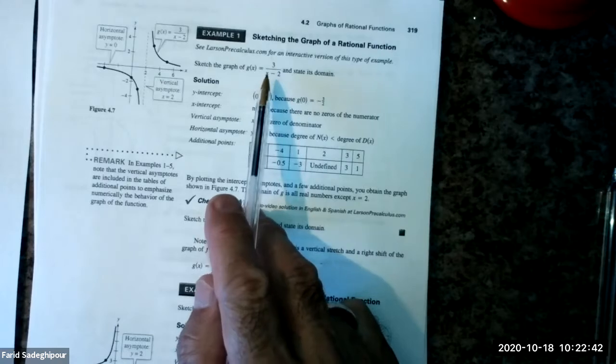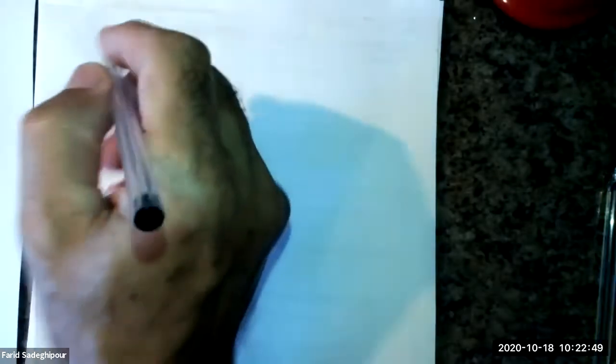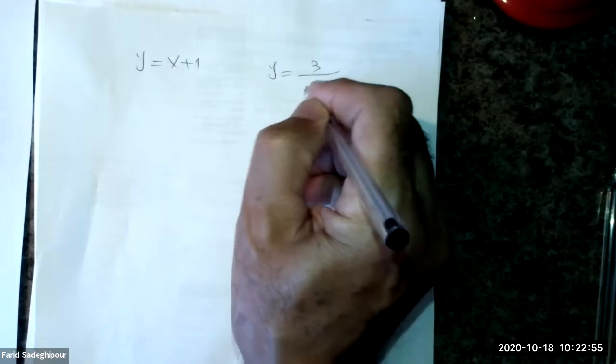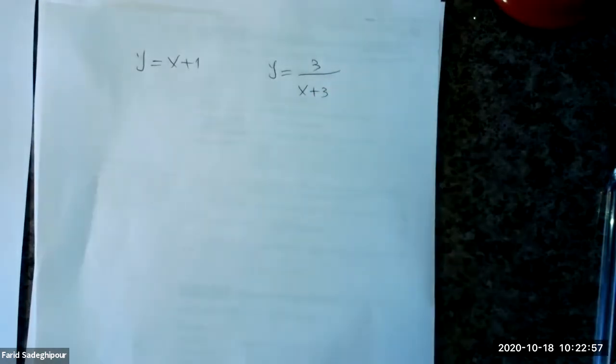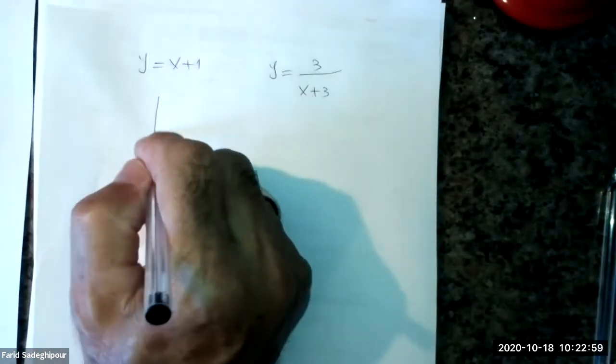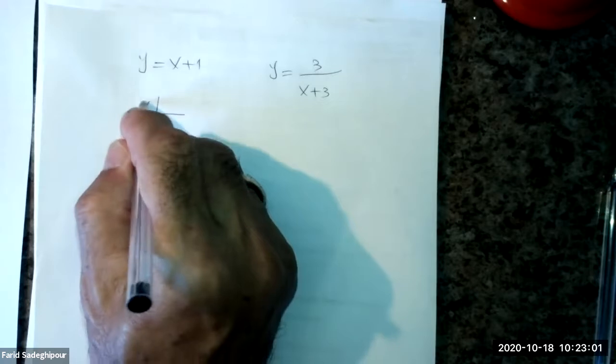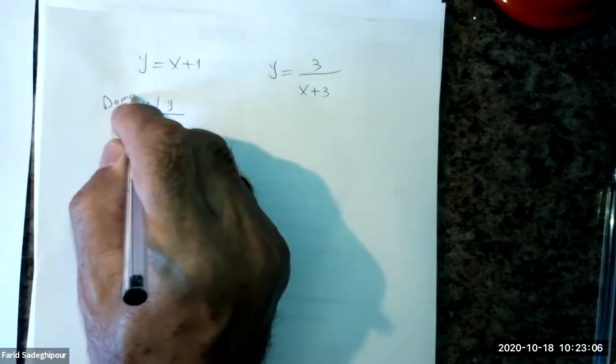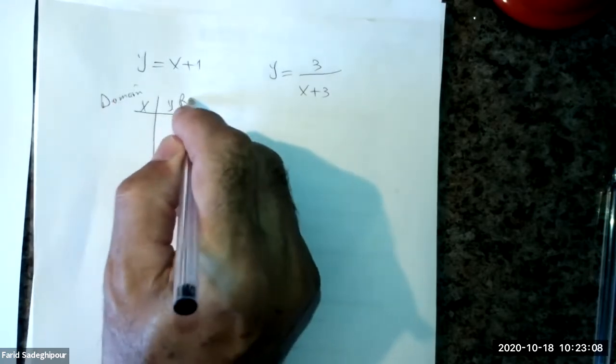When you have equations, what's the main difference between these two equations? Let's say one is y equals x plus 1, and the other one is y equals 3 over x plus 3, something like that. Domain is x, and range is the y value.